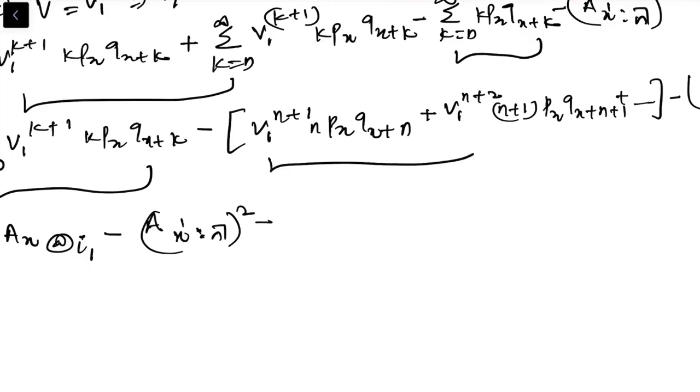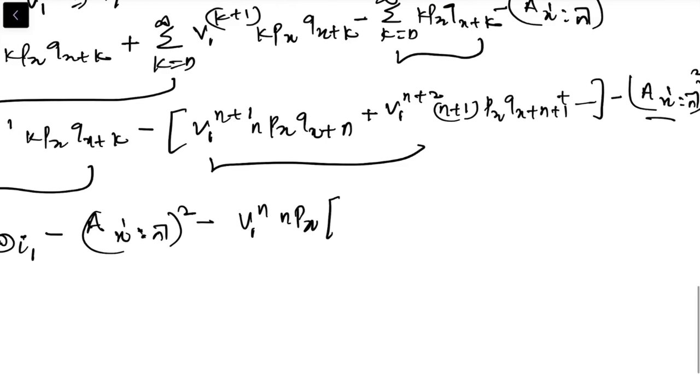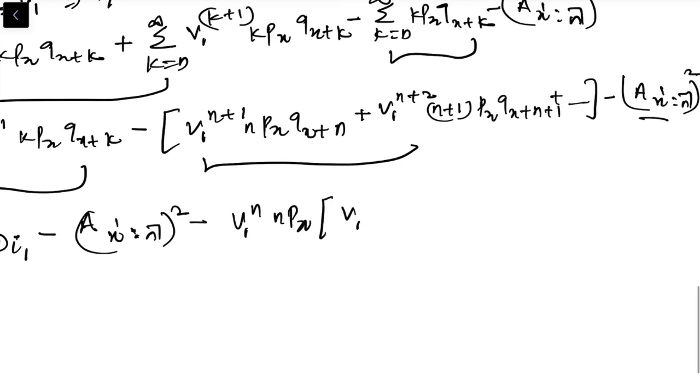Now from this expression we can take the common v'^n _np_x, so the remaining terms will be v' q_(x+n) plus v'^2 p_(x+n) q_(x+n+1), and so on.